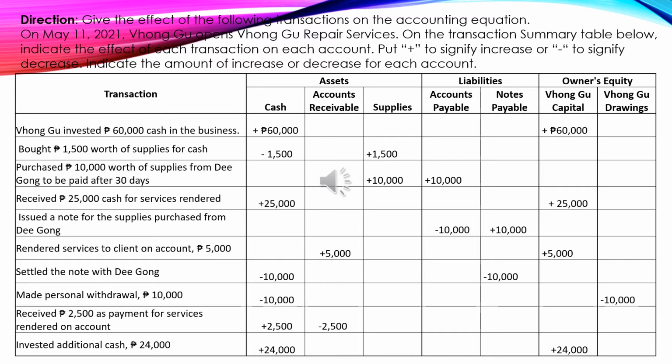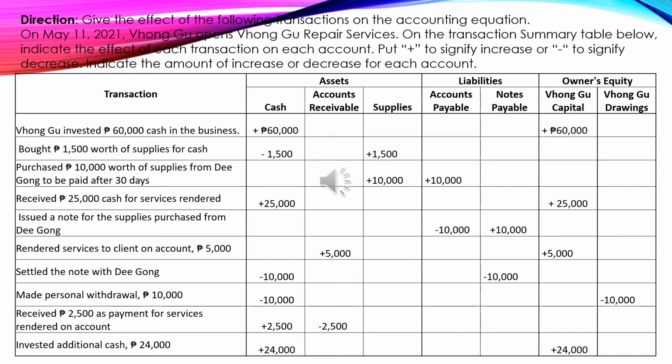So you can see there is a negative 10,000 on the notes payable, and then a corresponding decrease in the asset in a form of cash. So you can see there, decrease in asset in a form of cash and a decrease in liability in a form of the notes payable. So you can see here, after Vonggu settled the note with Digong, the liability is already zero. No accounts payable, no notes payable.